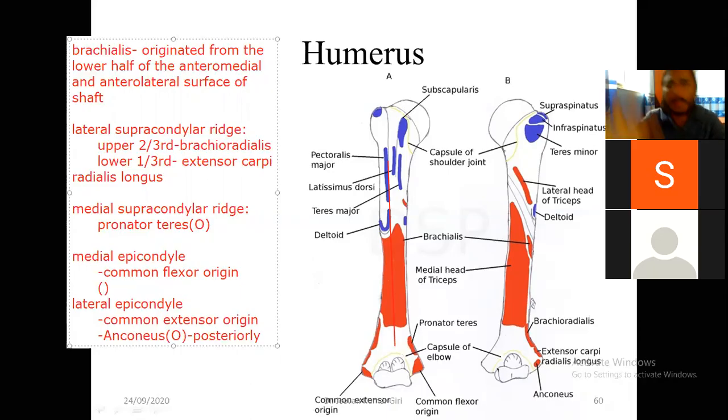Now see, five muscles are there. Out of five, pronator teres has an origin from here and some part from here also. Okay, that is gone. Now the next muscle, see here, the common flexor origin. Pronator teres is there.